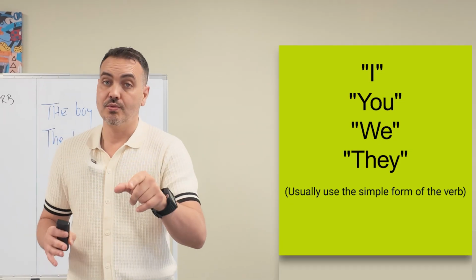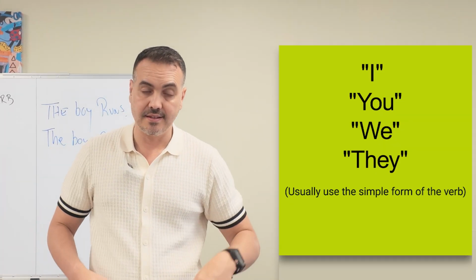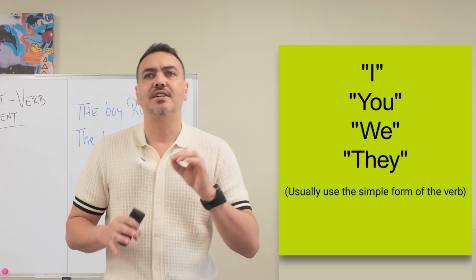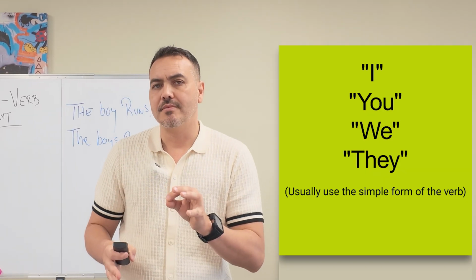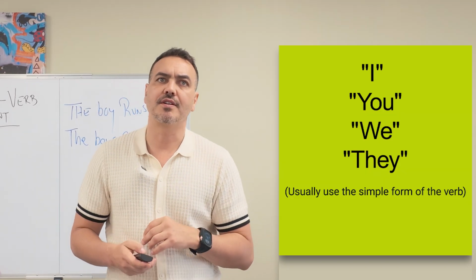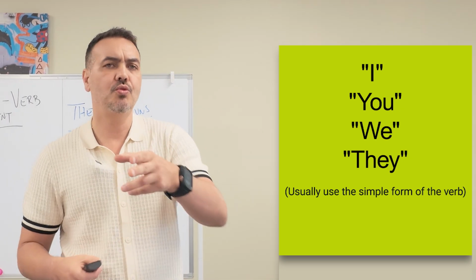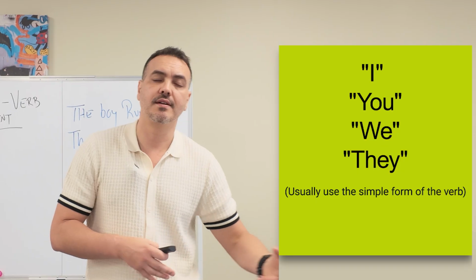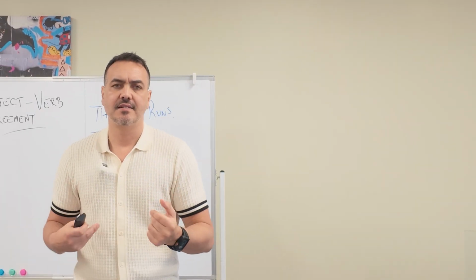Now we can also look at I, you, we, and they. With these subjects, we usually use the simple form of the verb. For example, I work, you work, we work, they work. I study, you study, we study, they study.